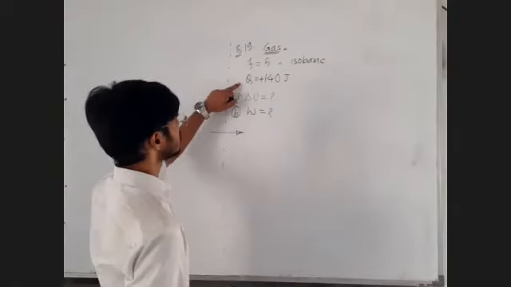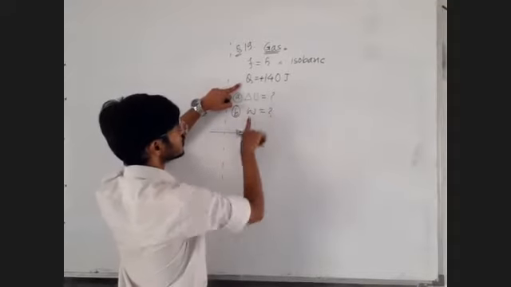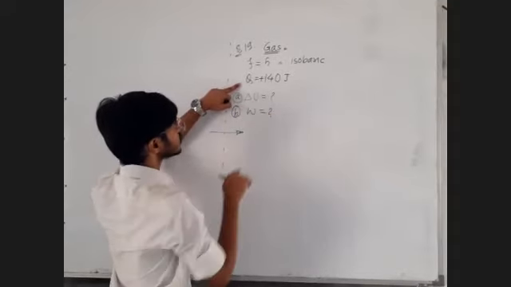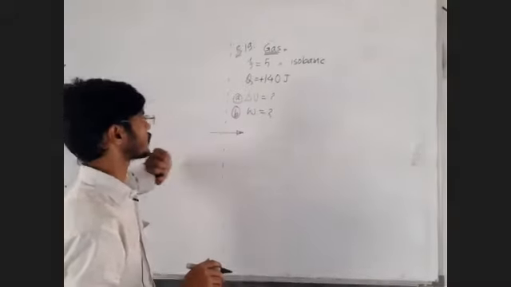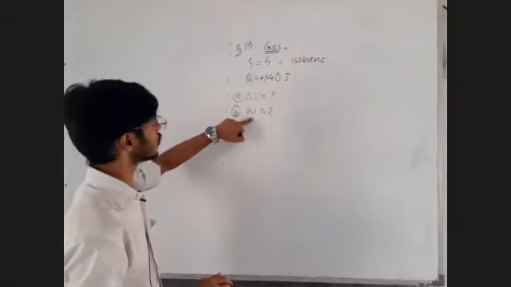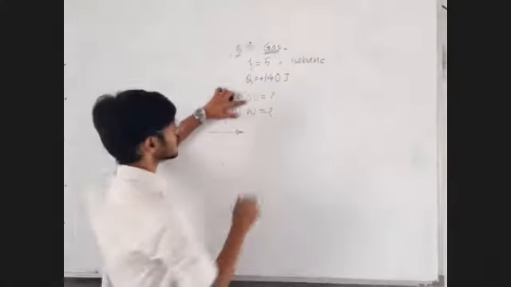First of all, can we find delta U? To find delta U, you must know Q and W. If you know both, you can use the first law of thermodynamics. Right now I don't know W, so I cannot directly use it. Is there any other way?